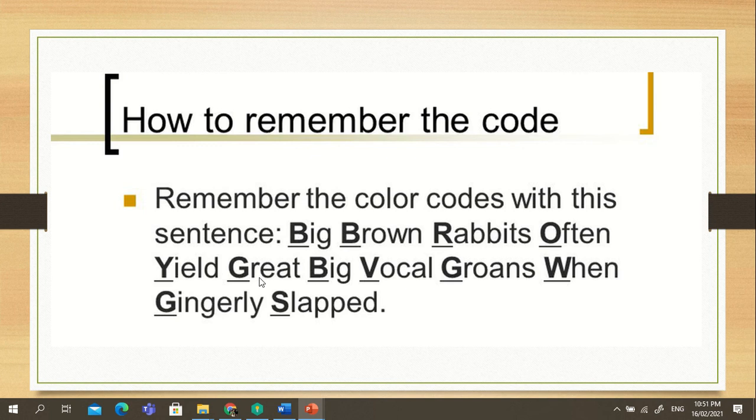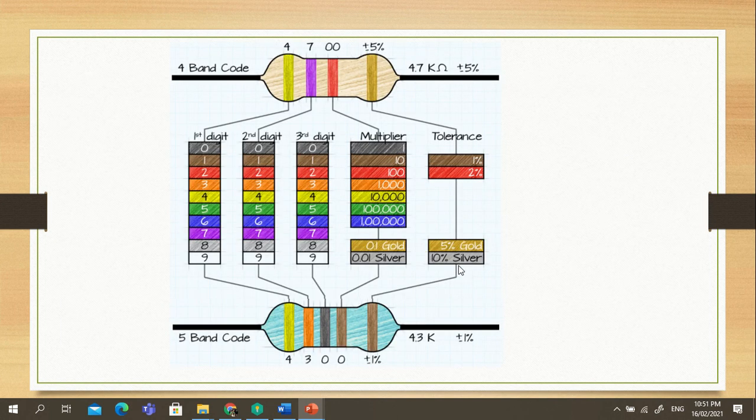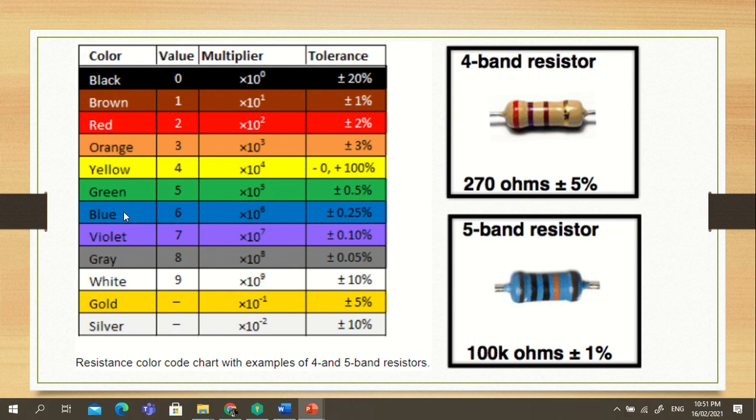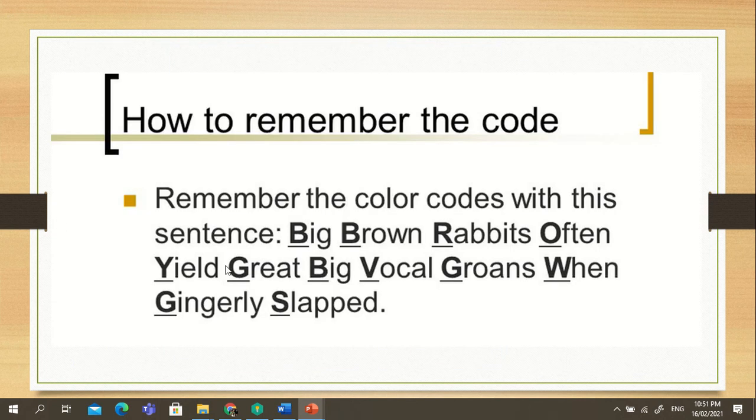So be careful, because we have three G's here: green comes first, then gray, then gold. So green, blue, violet, gray, white. Then gold, and S here is for silver.